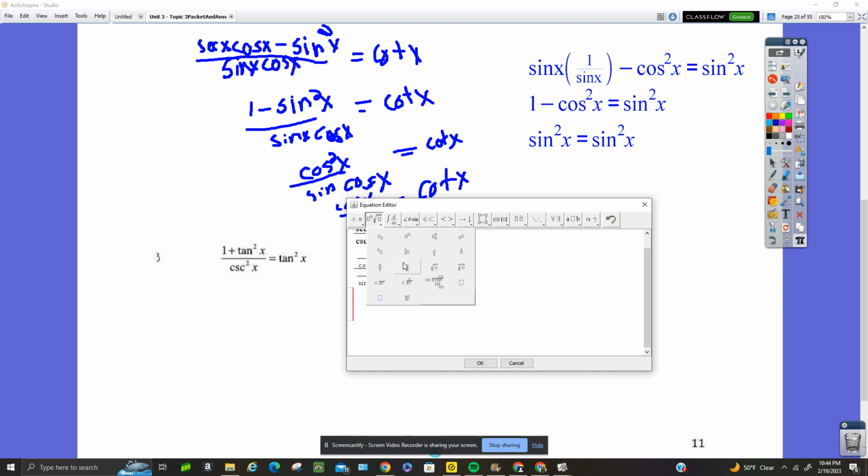And make this complex fraction into a multiplication. So 1 over cosine squared times sine squared. So you end up with tangent squared equal tangent squared.